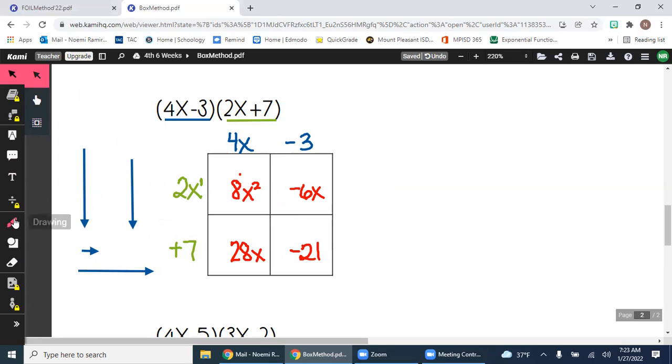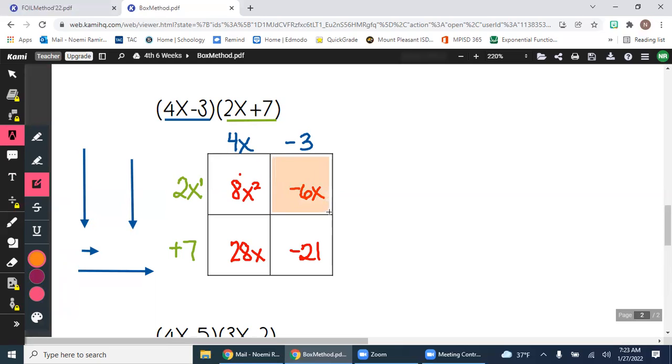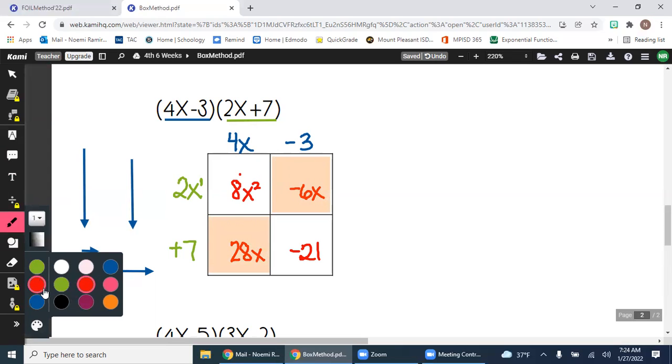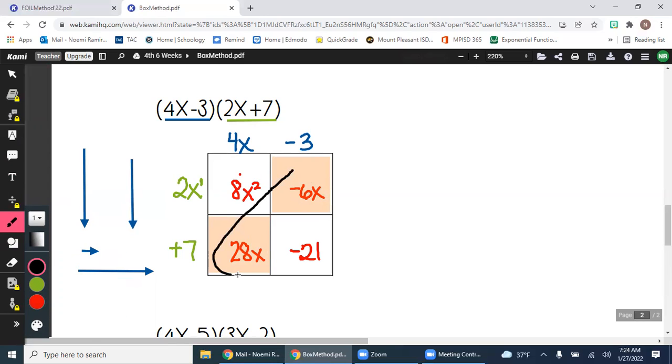Okay, now I told you guys that the ones that you'll be able to combine can be found here and here. Now in class, we're just going to end up circling it. We're going to circle the diagonal. You can add those. Those are the ones that are combined. So 8x squared stays the same. You can combine -6x plus 28x.